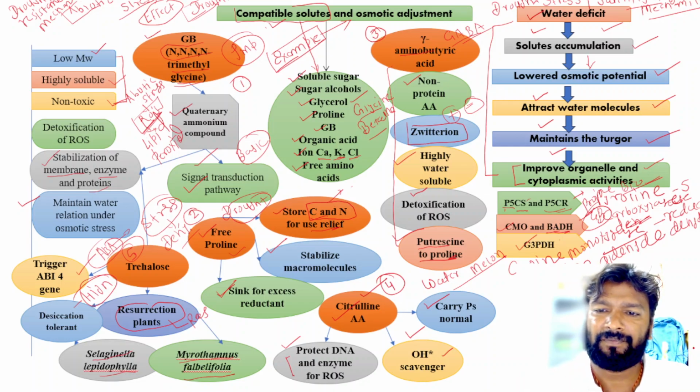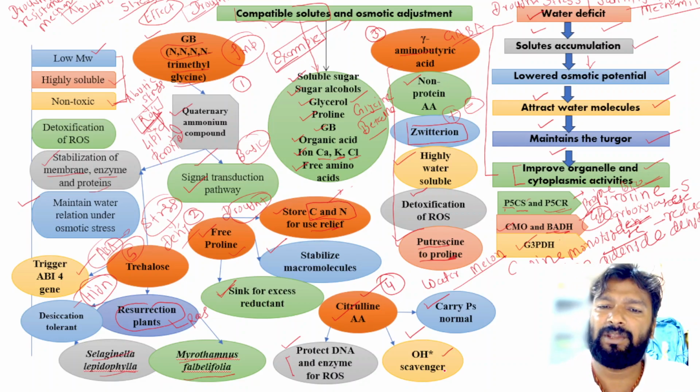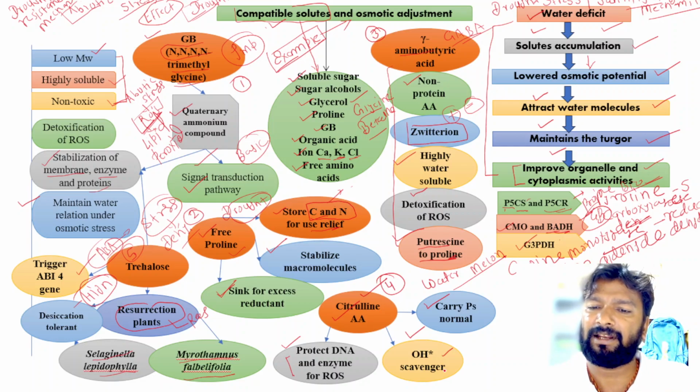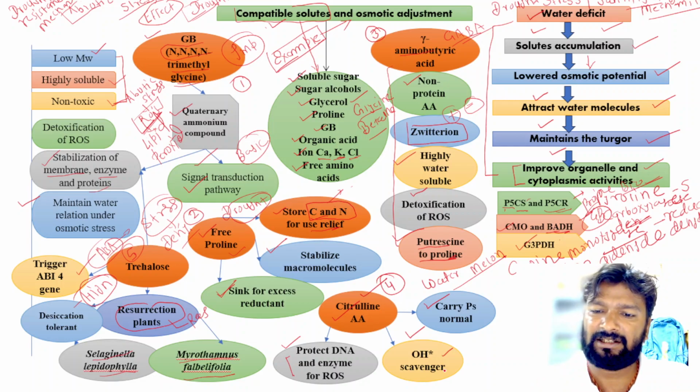Also the mechanism that under water deficit or osmotic stress they accumulate and lower the osmotic potential, which attracts more water and maintains the turgor, which improves the cellular or organelle cytoplasmic activity. Now come to the different types of compatible osmolytes like glycine betaine, gamma aminobutyric acid, proline, trehalose, citrulline. So many compounds are there.